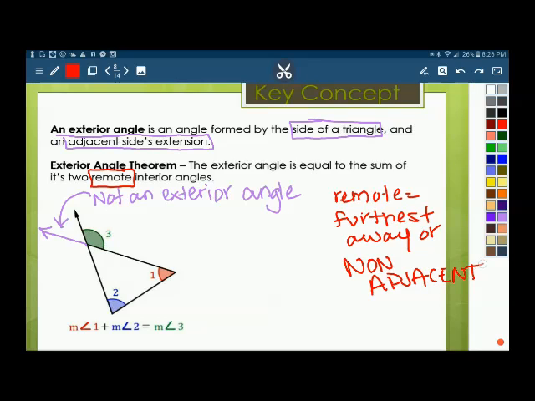Remember, adjacent means next to. So the one that's not next to it. So this guy right here is not a remote interior angle. It's angle 1 and 2 because they're further away from angle 3 and they're not sitting right next to it. The theorem says that angle 1 and angle 2 add together to equal angle 3 on the outside.